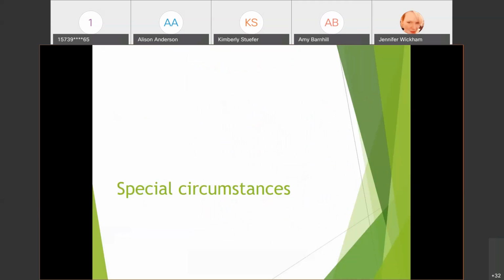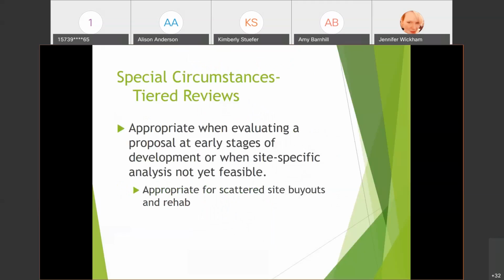So we have special circumstances we're going to go over. Someone asked about tiered reviews. A tiered review is appropriate when evaluating a proposal at early stages of development or when site-specific analysis is not yet feasible.